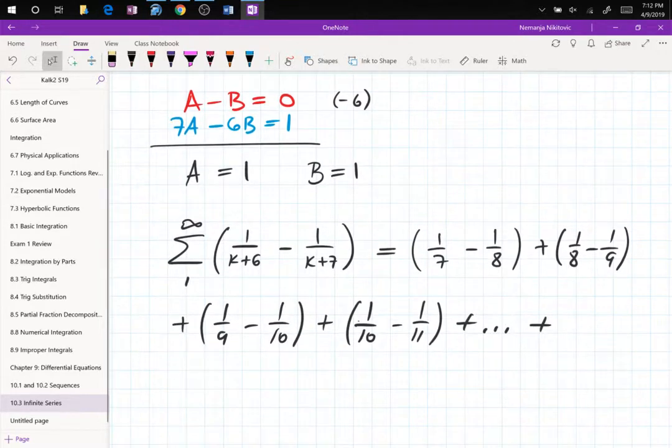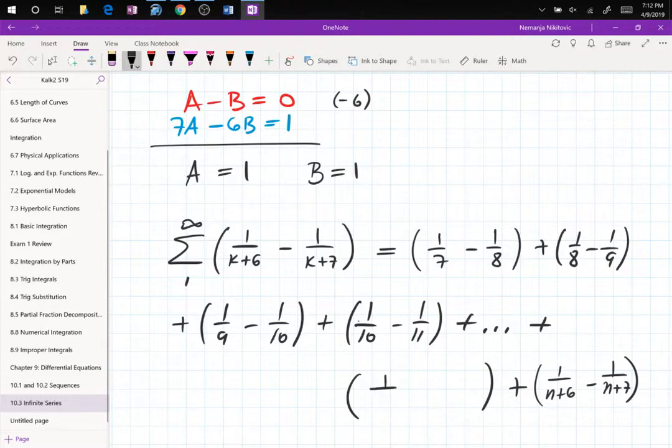Now we start on the tail end. Over here, now we have to use n's. So 1 over n plus 6 minus 1 over n plus 7. Take away 1 for the term before: 1 over n plus 5 minus 1 over n plus 6.